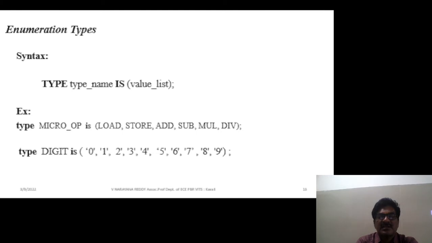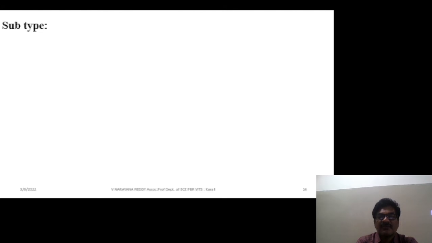For that case, another user defined possibility is subtype. The syntax is like: the word subtype, then subtype name is type name, then start to end, that is starting position to end position. Like that you can declare.